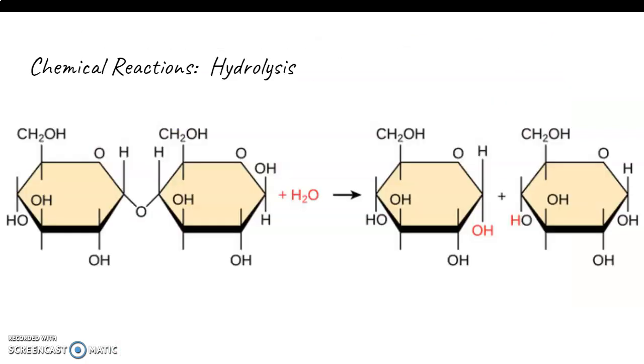The opposite of dehydration synthesis is a reaction called hydrolysis. If you can take small pieces and link them together to make larger, as we just described, your body also has the ability to do just the opposite and take larger things and break them down to make them small again.